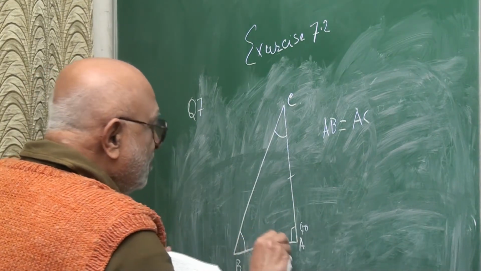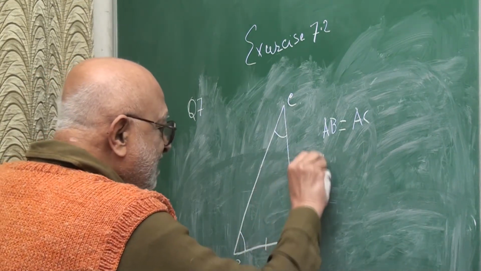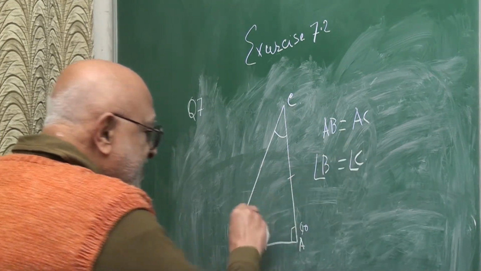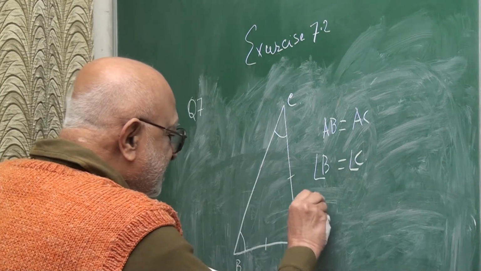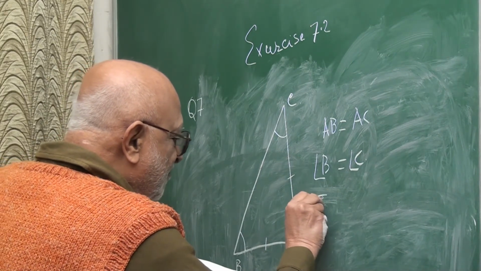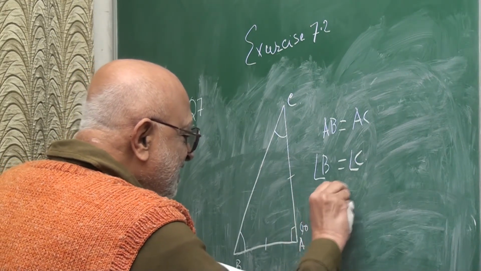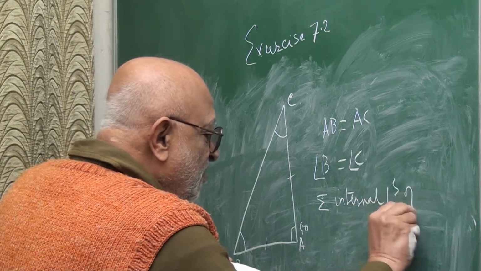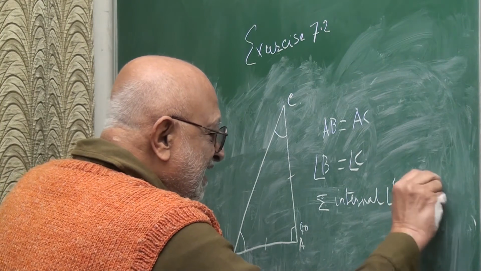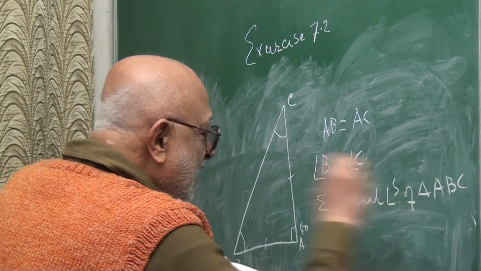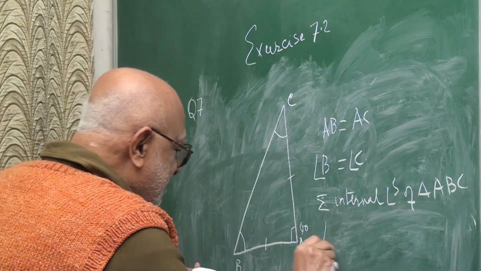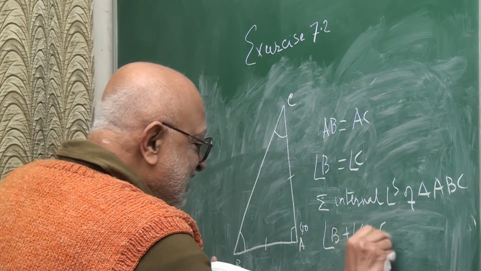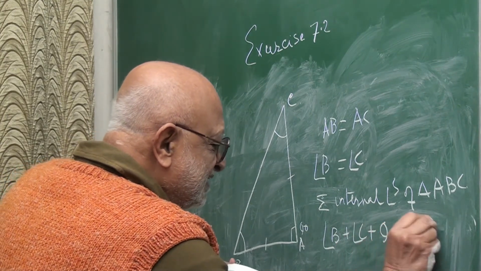Since AB equal to AC, therefore angle B would be equal to angle C. In triangle ABC, the sum of internal angles gives angle B plus angle C plus 90 degrees is equal to 180.